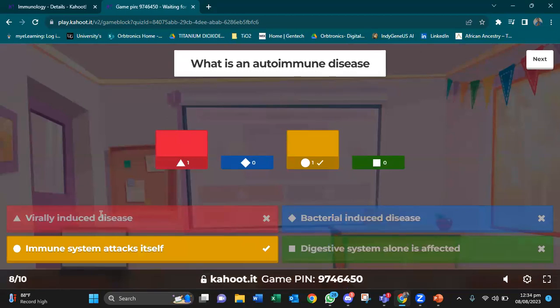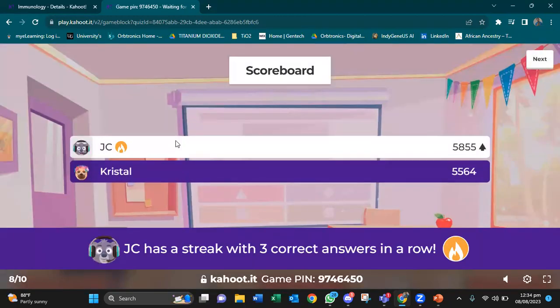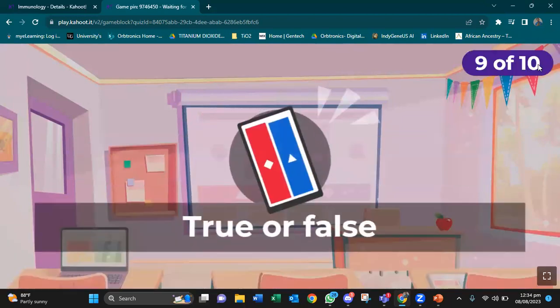Like we just spoke about, when your body produces antibodies against itself and destroys our own cells when it does not recognize self. For example, diabetes type 1. So with that, Giovanni has passed Crystal. A few more questions left.